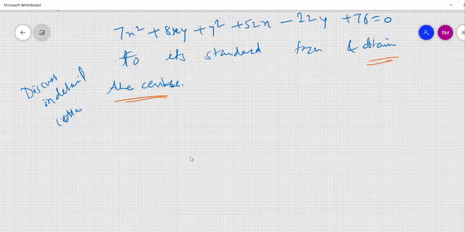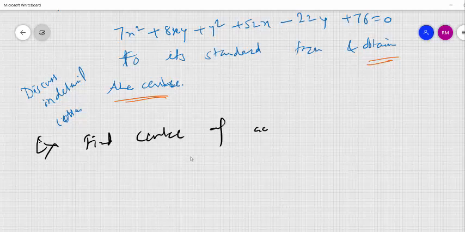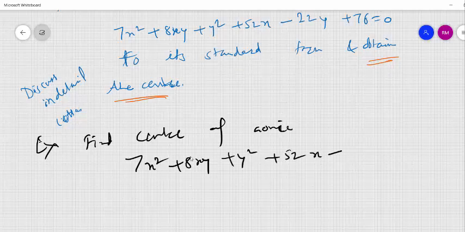Or we can say this is a second problem. Find the center of the conic, and we are given 7x square plus 8xy plus y square plus 52x minus 22y plus 76 equal to 0, and second, also find the nature of the conic.